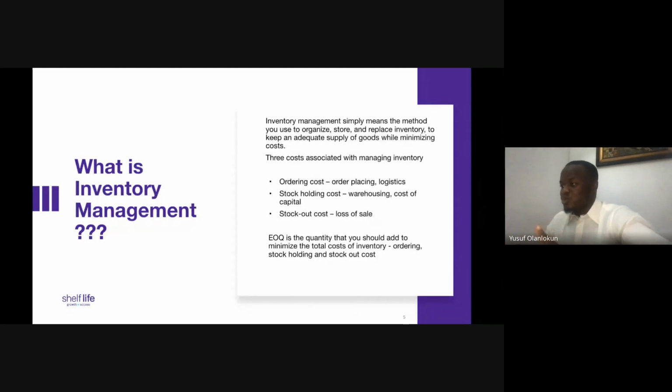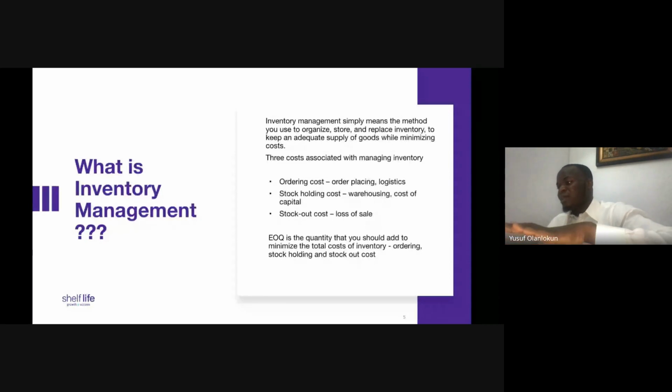If you send an order to us, the tracking of that order until it gets to you, that's beyond the cost, following up with us to know when it's going to deliver. So you don't want to be sending orders every other day. It's important that you also pay attention to the ordering cost. It's like a counter to the stock holding cost. You want to reduce your stock holding cost.